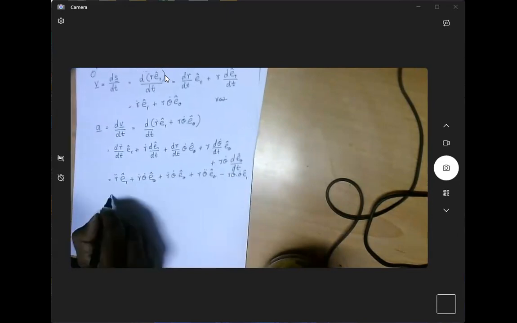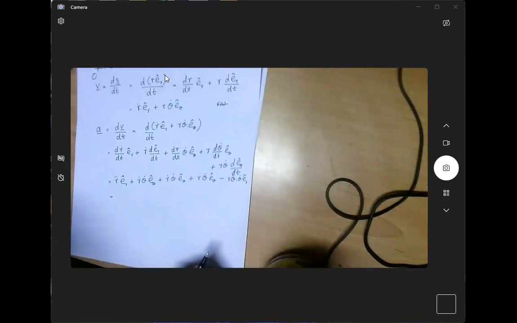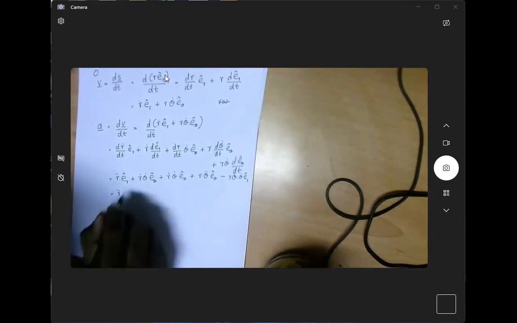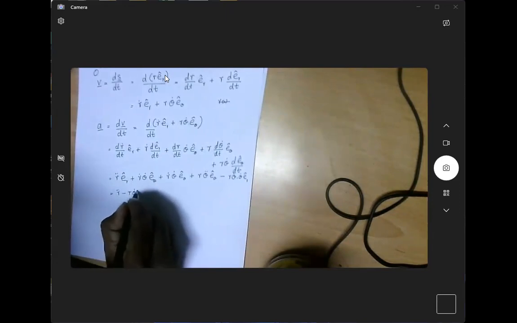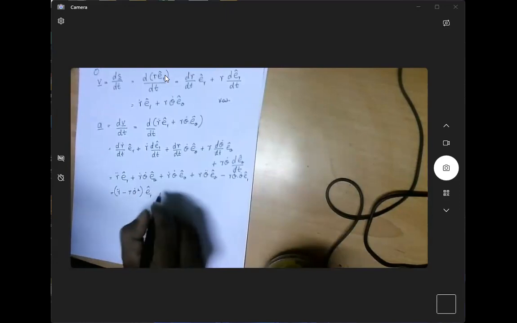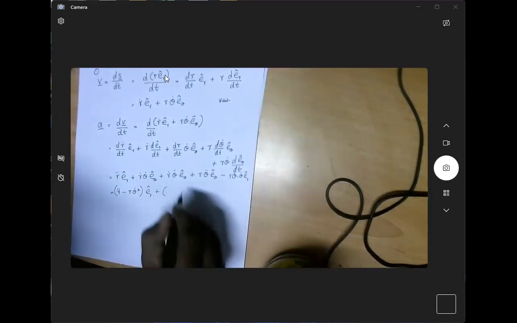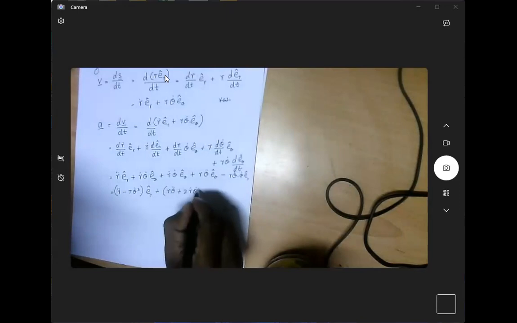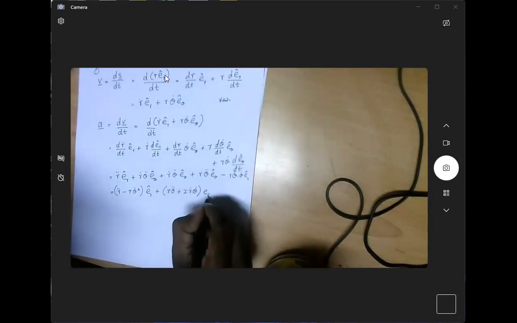Now we can separate them in er and e theta directions. We have r double dot minus r theta dot squared in er, plus r theta double dot plus 2 r dot theta dot into e theta.